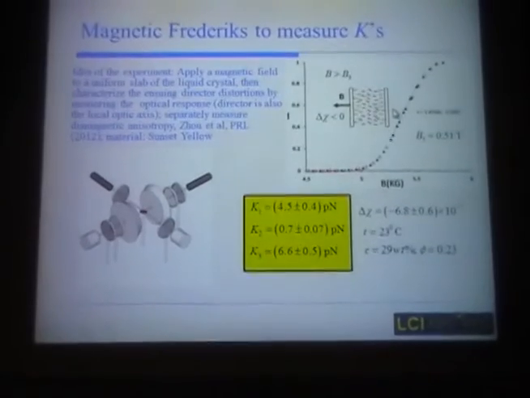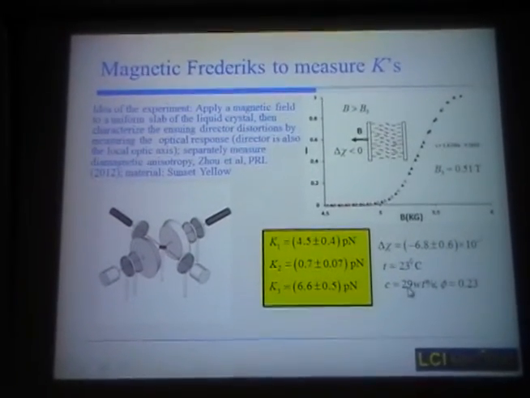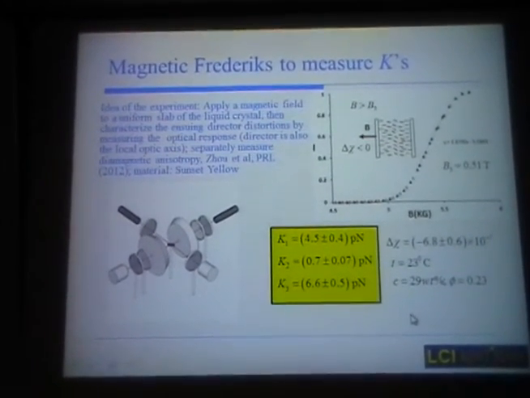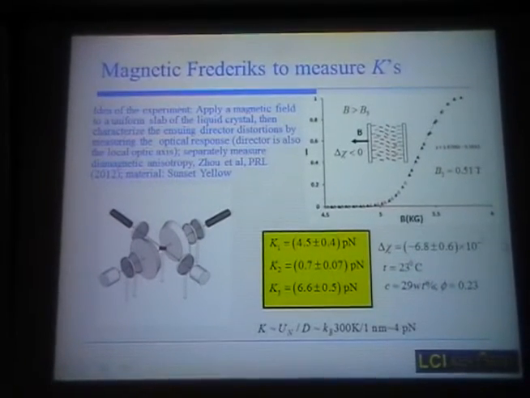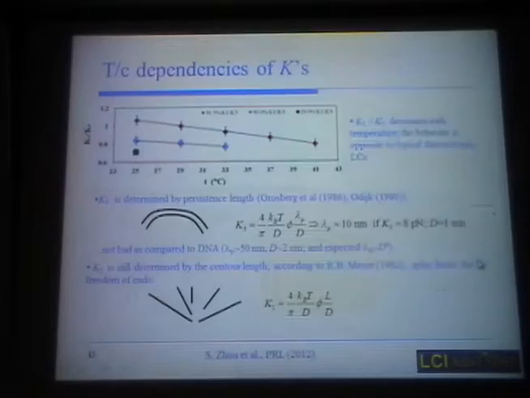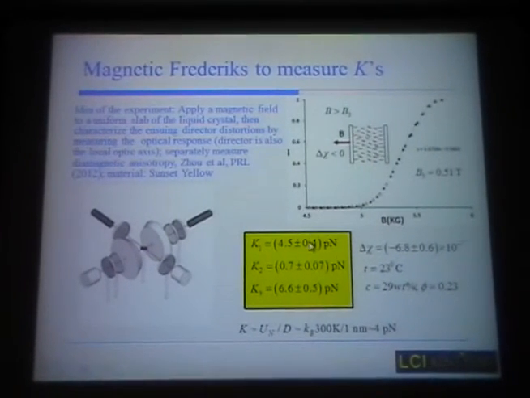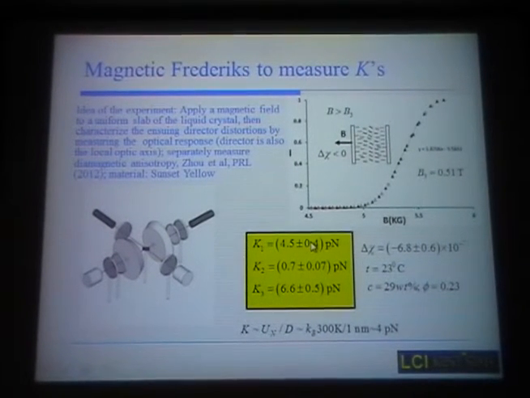It allows you to determine the elastic constant in this case of bend deformation, because the original deformation is of the bend type. And if in addition you measure also the Δχ, which the student that performed this work, Shwang, did, you would obtain the absolute value of the elastic constant, and they are shown here.